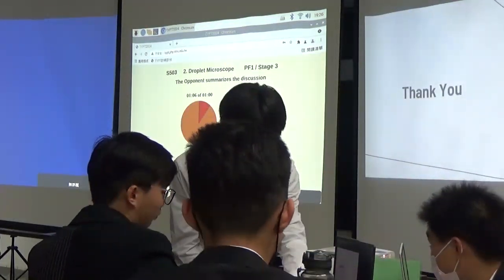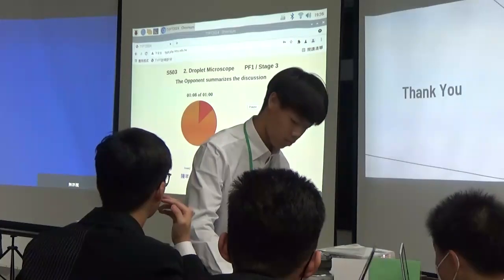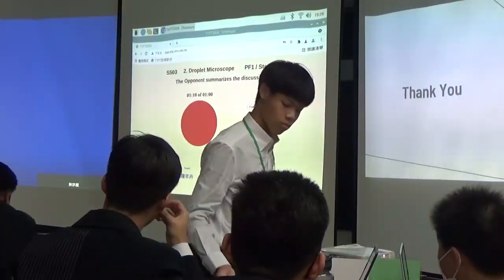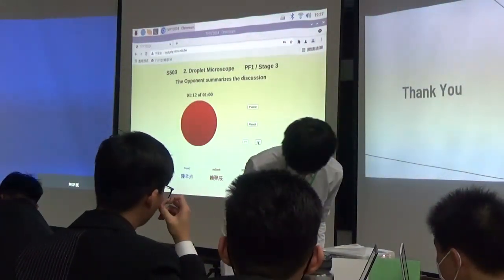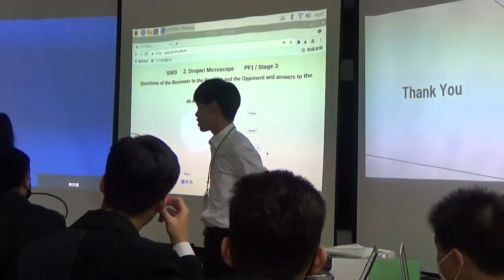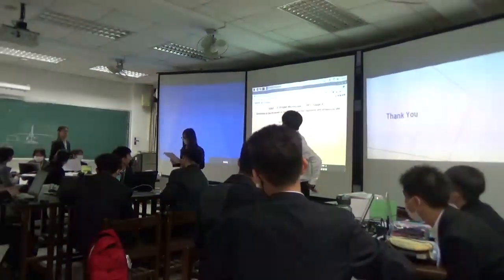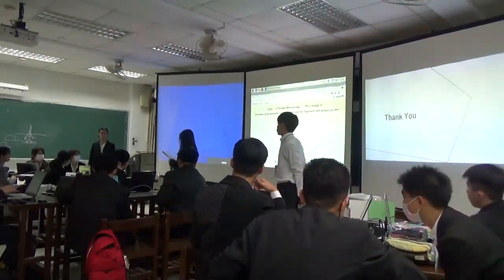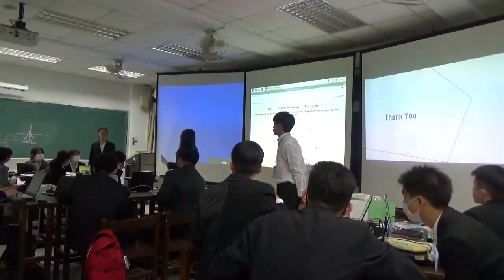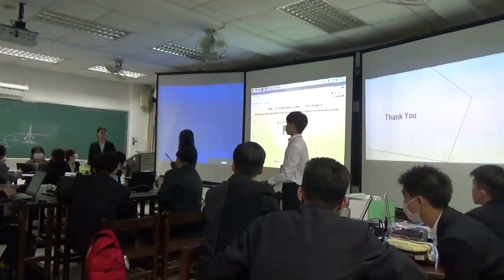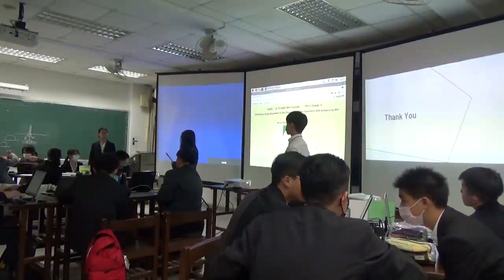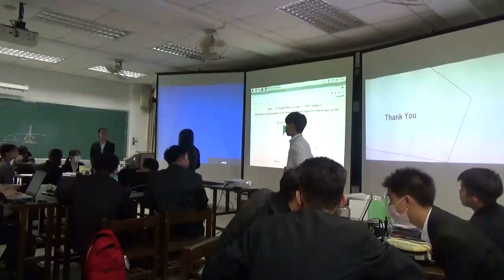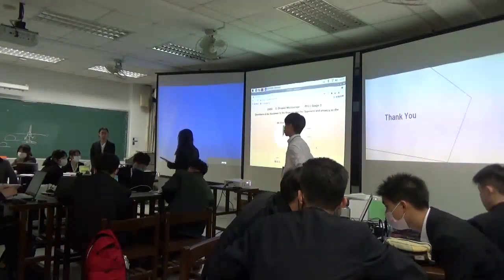Okay. Now the reviewer, please get up and ask your questions to the reporter and the opponent. You have 3 minutes. Okay, so first to the reporter, I want to ask, did you put the droplet on the glass? Or did you just hang it in the air? In the front. So, what do you want to get from your first experiment?